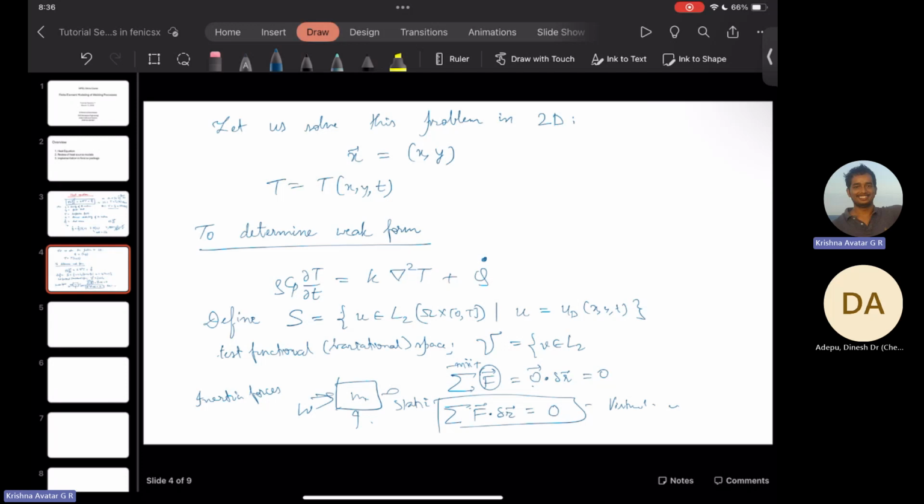As a body accelerates, it undergoes these inertia forces, right? That inertia force always has the tendency to oppose the direction of motion. I hope you are following.